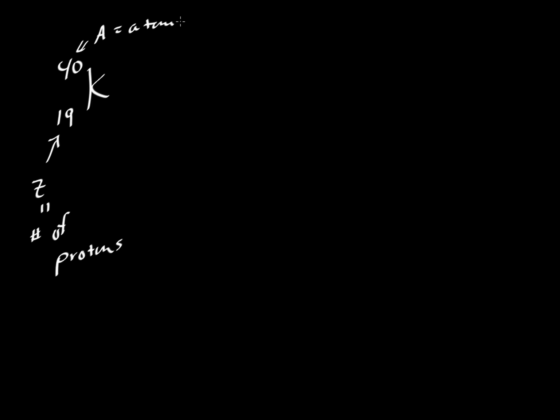So this is the atomic weight of this particular isotope, and A is equal to P, the number of protons, plus N, the number of neutrons, or we can write this perhaps more correctly as Z plus N, where number of protons is often written as Z. So A is the total amount of particles in the nucleus, and so whatever number we have here, we need to add a number of neutrons to reach that number there.